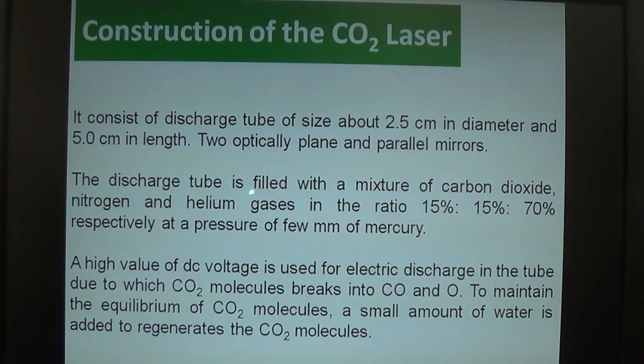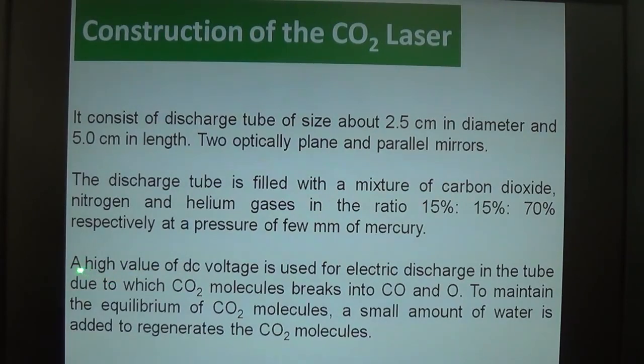The discharge tube is filled with a mixture of carbon dioxide, nitrogen and helium gases in the ratio 15% carbon dioxide, 15% nitrogen and 70% helium, respectively, at a pressure of a few millimeters of mercury.